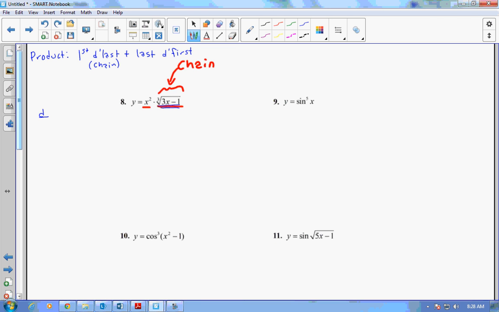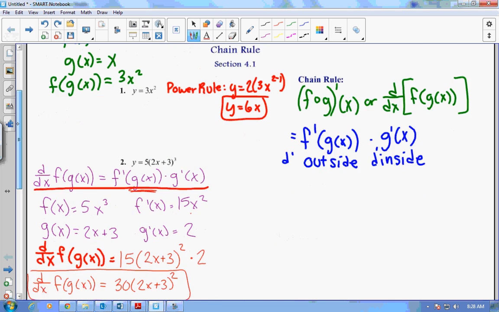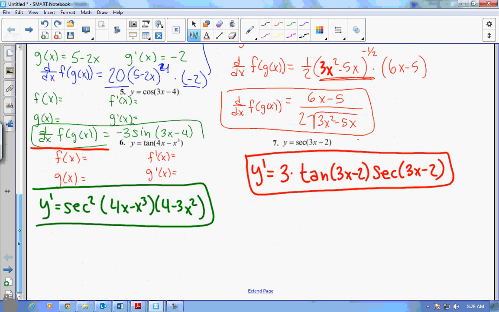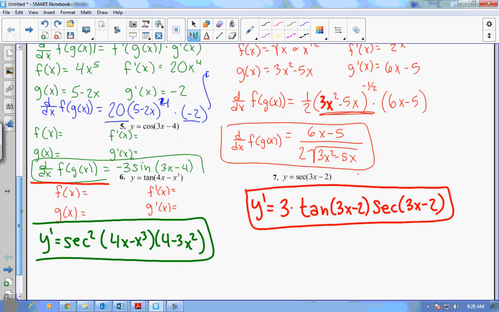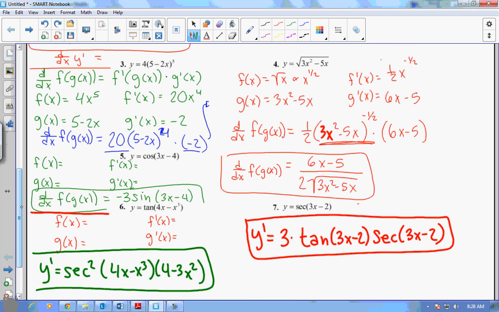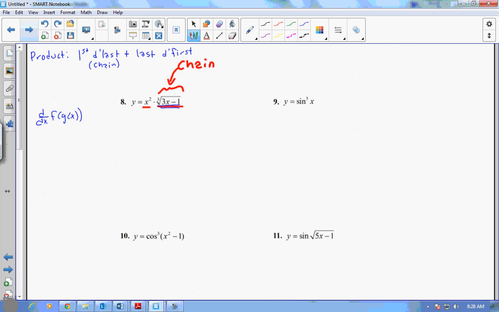Okay, the d dx of f of g of x. Just 1 second. I want to see what I've been writing here. Oh, yeah, then I just wrote the whole thing. I shouldn't write the function. Sorry, brain fart. Okay.